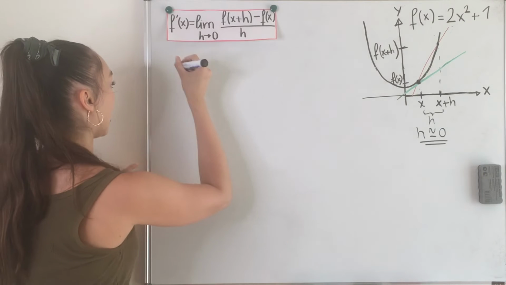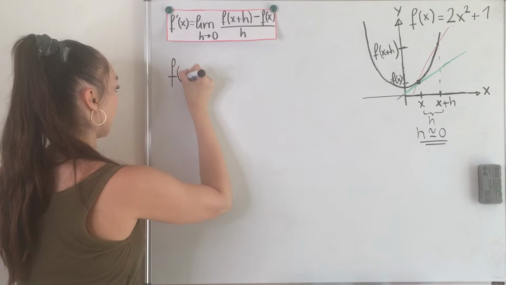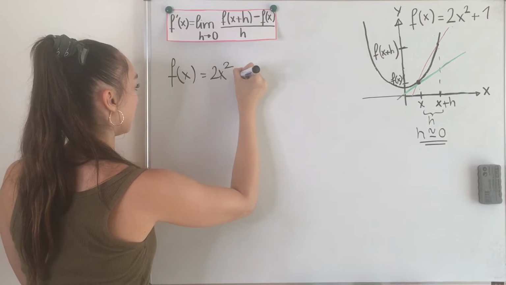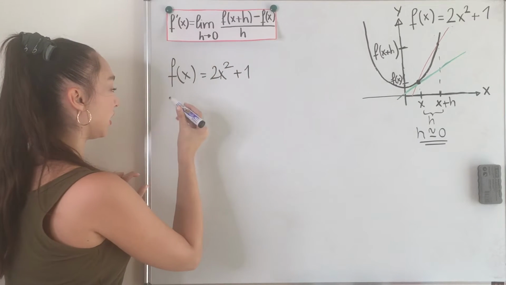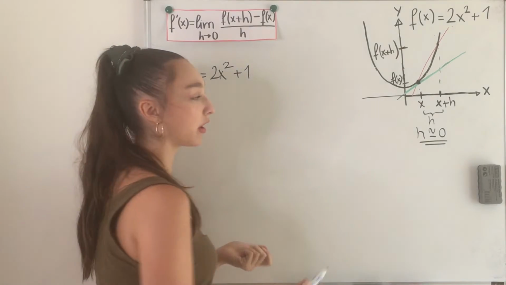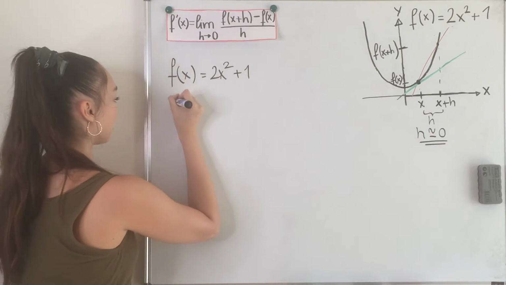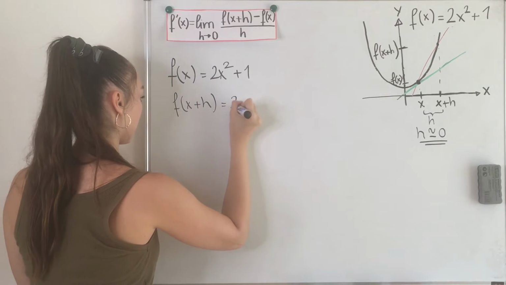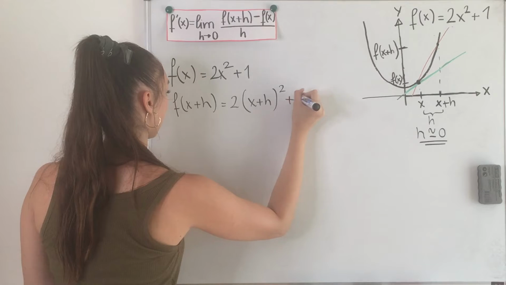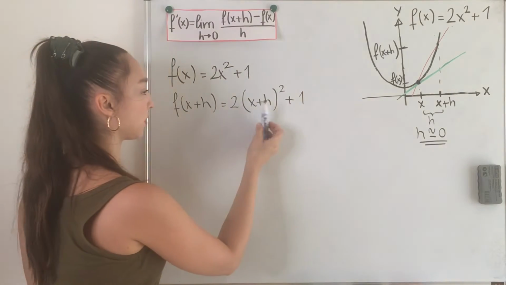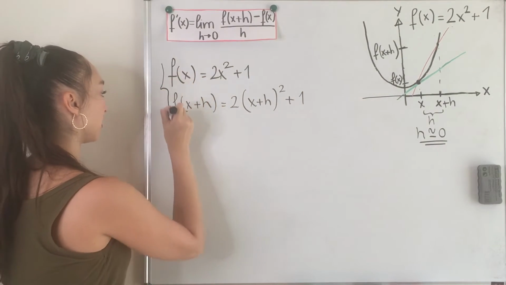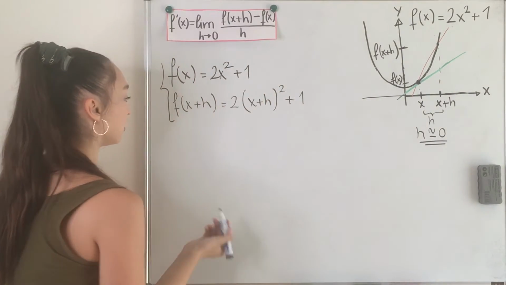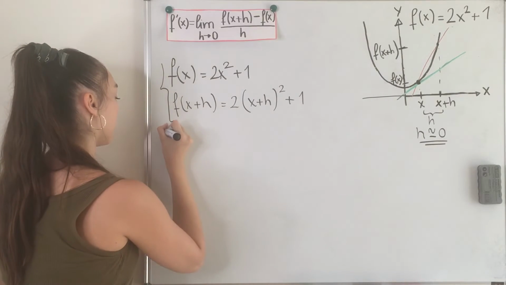So we have that this is the function that we want to calculate the derivative in, and this would be the value of our function in x, and this would be the value of our function in x plus h. Correct? Because we're just substituting x plus h. So let's just substitute in this equation to actually calculate the derivative.